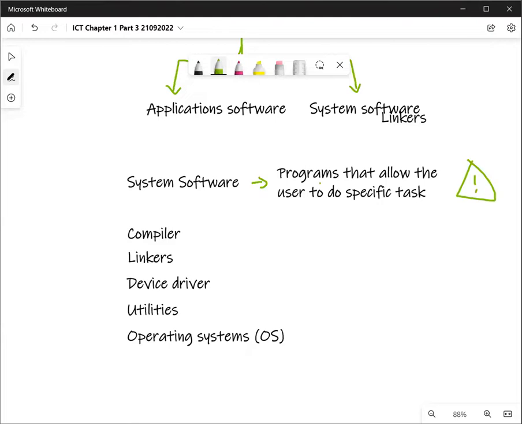So the compiler, linkers, device driver, everything is an example. Now you need to know what these are examples of, because in the exam they'll ask you to match. The example, it is EG or EX. You can write both, EX, EG, your choice. EG is the proper word. Doesn't matter, write this down.